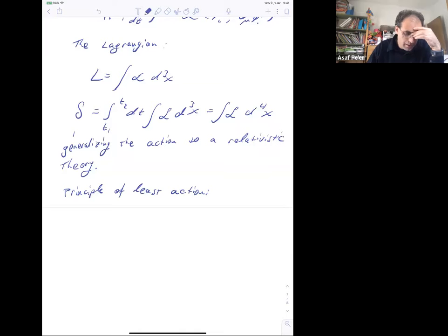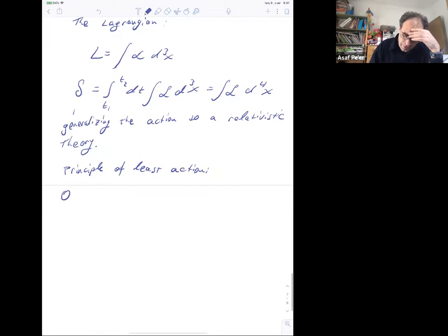And what we're going to get is a relativistic analog to the Euler-Lagrange equation. So 0 is delta S, that's the principle, right? So this is integral delta L, Lagrangian density, d^4x. So again, the Lagrangian density is a function of the fields and their derivatives.